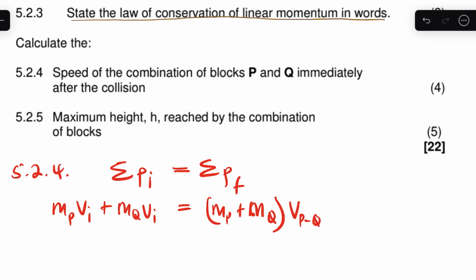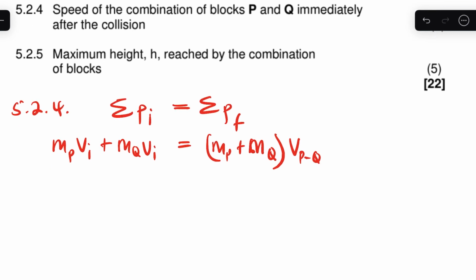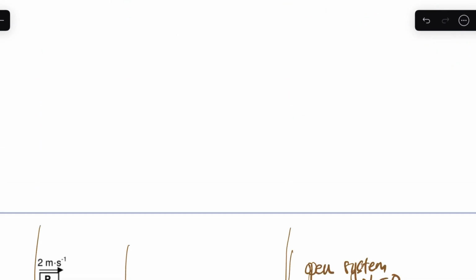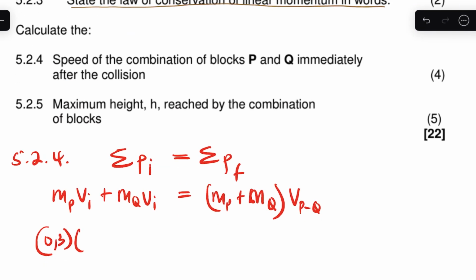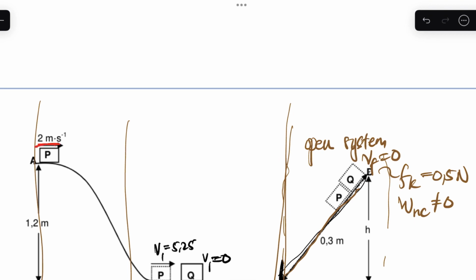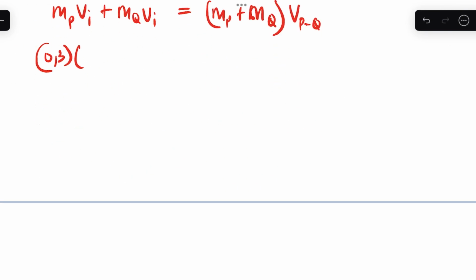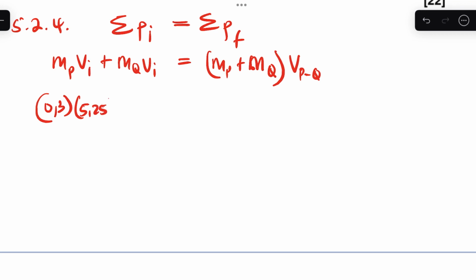It's P and Q. So the mass of P, it's 0.3, and its initial velocity, the initial velocity now, it's 5.25 of P, and the initial velocity of block Q, it was stationary, so the momentum is 0. So it's 0.3 plus 0.4. The mass of Q is 0.4, and we wanted this velocity of P and Q.